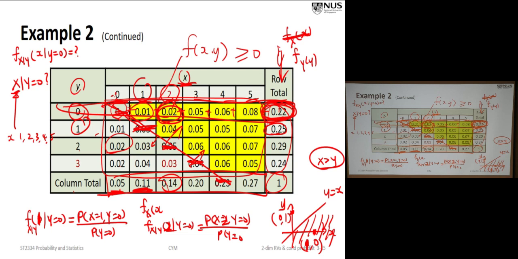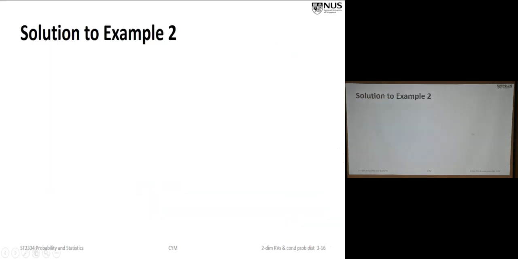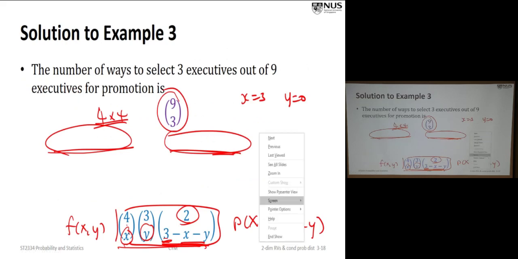The next question is, what is the probability of x equal to 0? We add up all this probability. Whenever x equal to 0, it doesn't matter whether y is 0, 1, 2, or 3, we just add them up. The answer is 0.05. So we have worked out all these 6 probabilities.